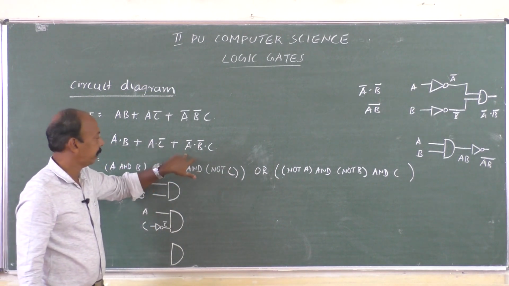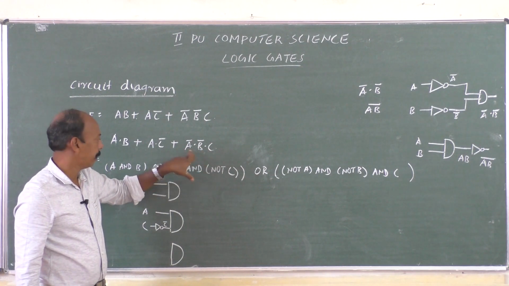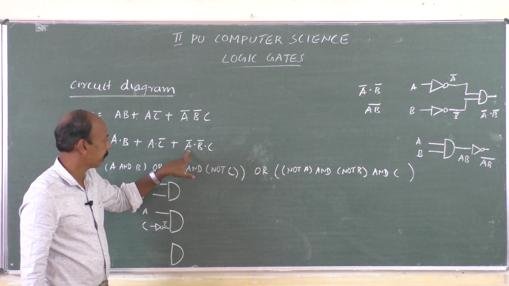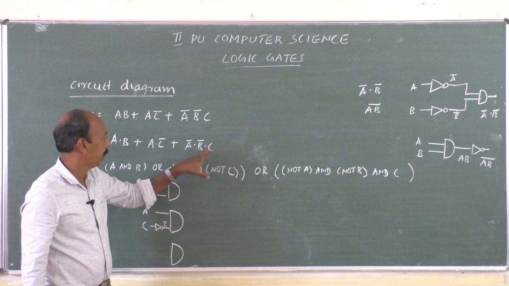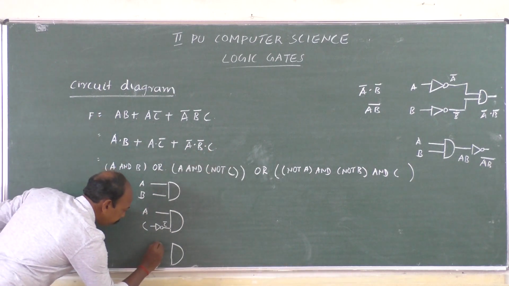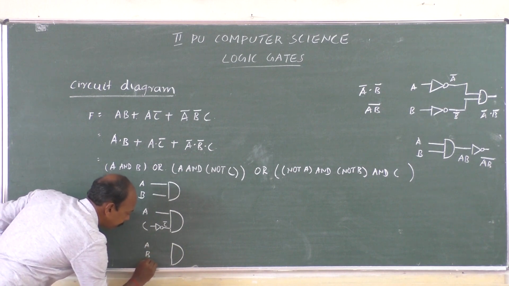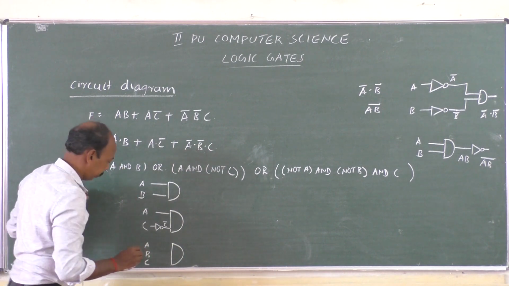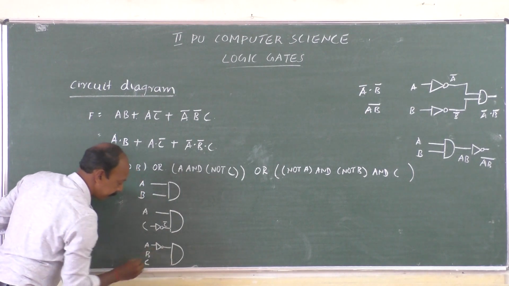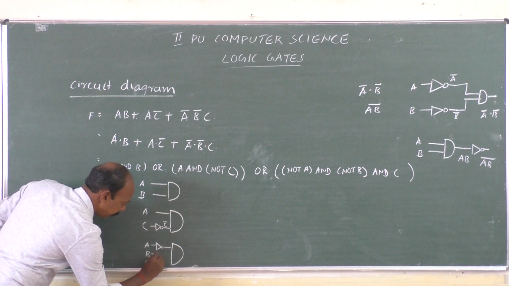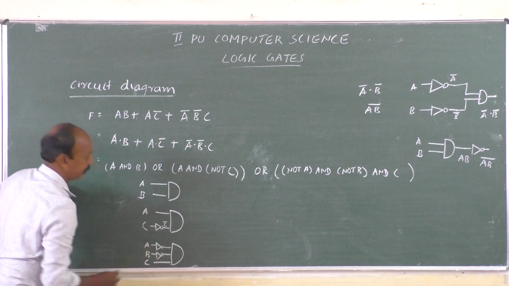Third one, there are 3 inputs now. A bar, B bar, C. A bar is complemented, so send it through a NOT gate. Again B, we have to send it through a NOT gate, and C. So A, B and C, 3 inputs. A has to be sent through a NOT gate, B has to be sent through a NOT gate, and C we send directly.